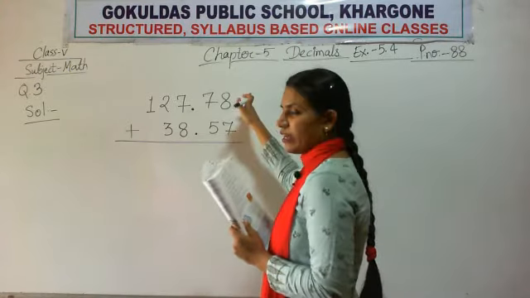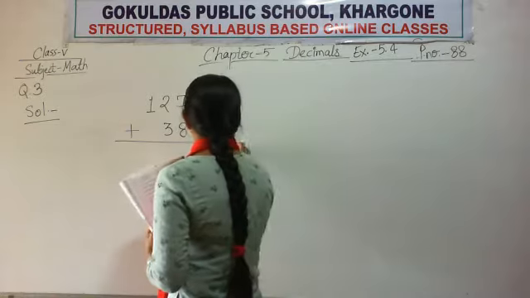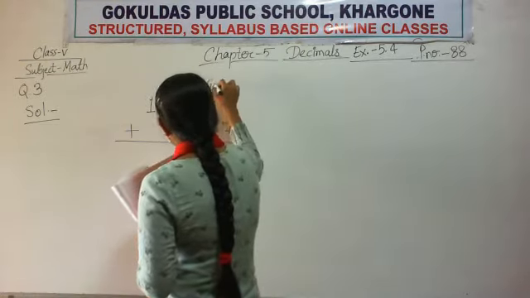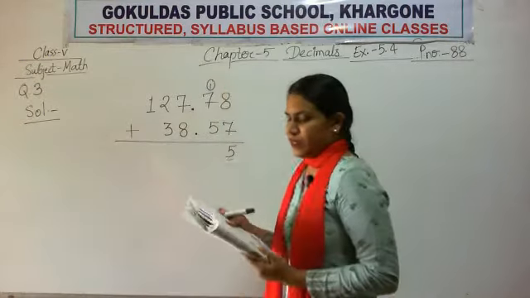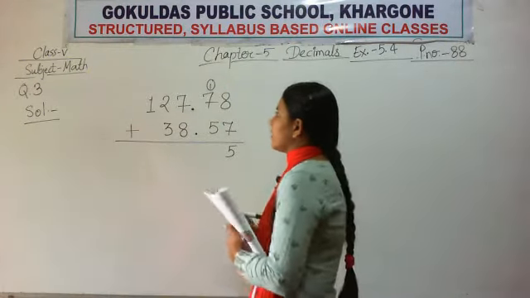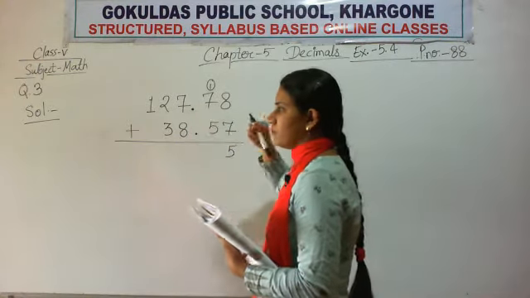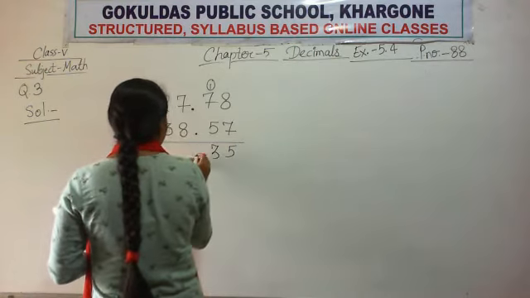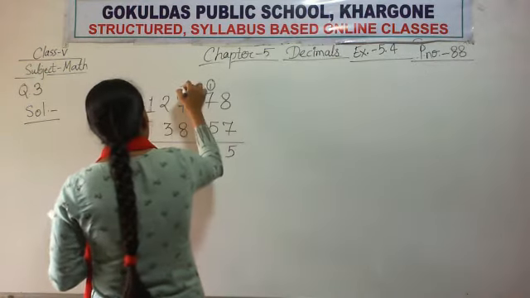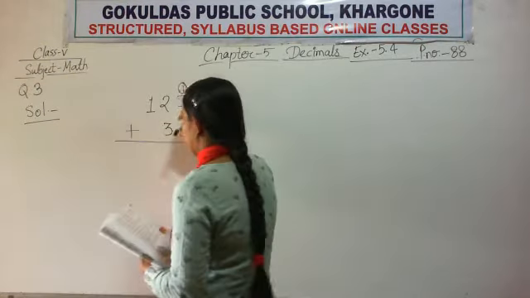Start addition from the rightmost column. 8 plus 7, 1 carry forward, so I am writing 1 here. Now add the digits in the tenths column. 8 plus 5, 13. So I am writing 3 here. Put decimal symbol. 1 carry forward.